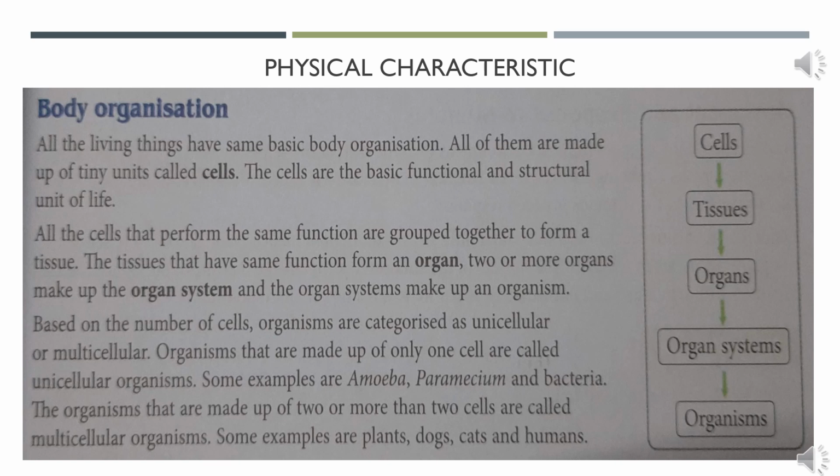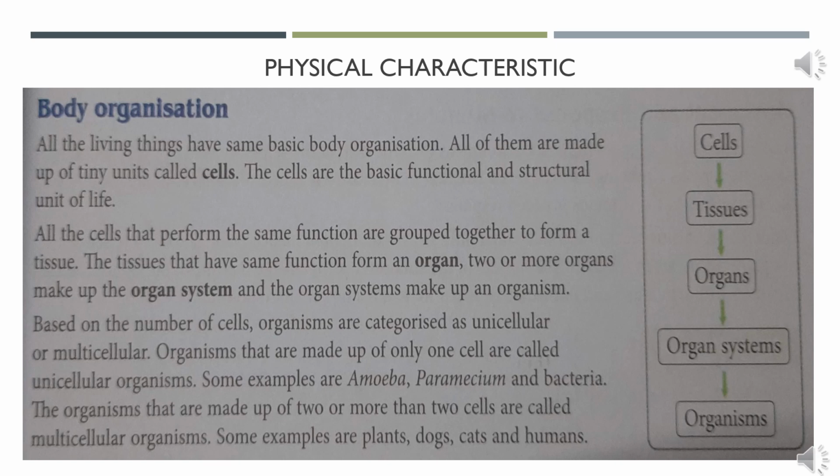When these organs are connected to a system, that is the heart, the heart is also an organ. So when this complete organ system joins together, they form organ systems. And multiple organ systems like heart, kidney, stomach, etc., when they all get joined together, they form an organism like us or any other animal.